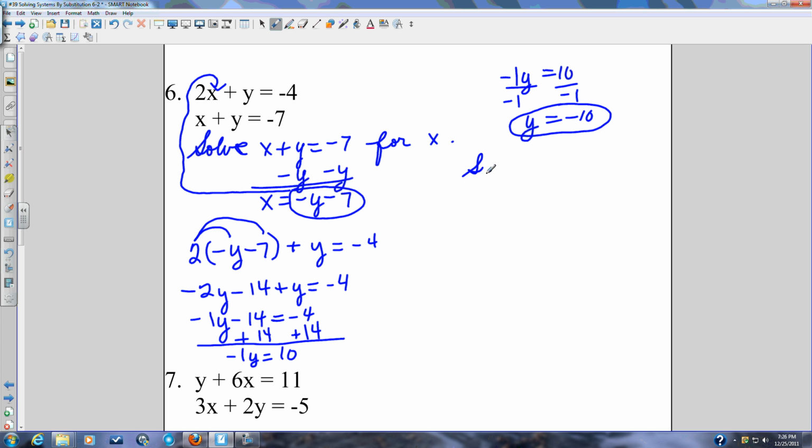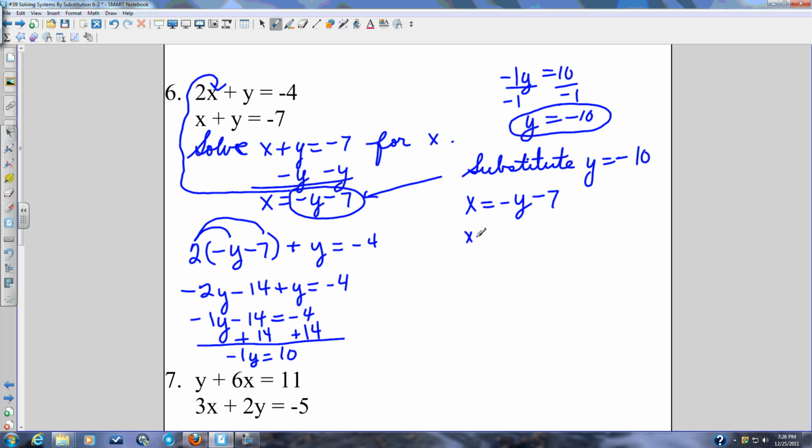Now the thing we have to do is substitute y equals -10 into the other expression. Since we've already developed an expression for x right over here, which I'm pointing to, x equals -y minus 7, let's go ahead and just plug that right in there.